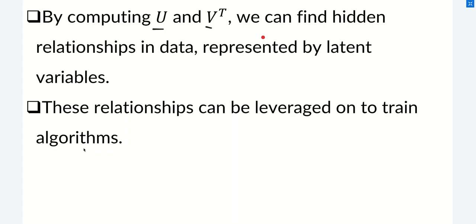Once you've done the reduction, we are good to go. Then you start asking yourself questions about what is hidden in the data. Once we're able to achieve that, we can use the algorithm, and the algorithm will be able to leverage that to train.